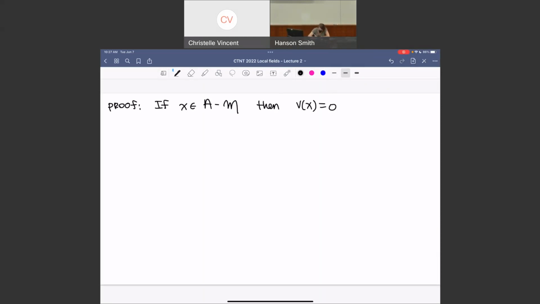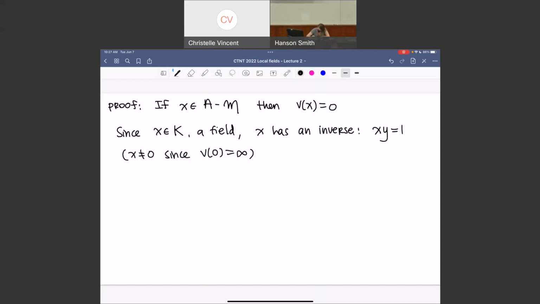And recall, since x belongs to K, a field, x has an inverse, y, where xy is equal to 1. x is not 0 since the valuation of 0 is infinity, but I just said that the valuation of x was 0. So certainly x was not 0 to begin with. And so at least in the field, it has an inverse. That's not in debate, K is a field.